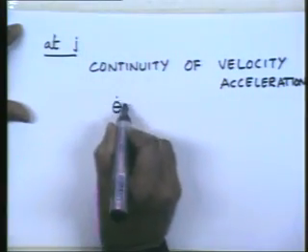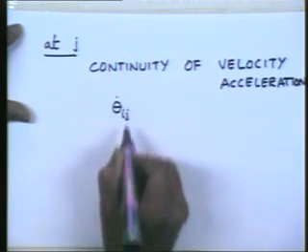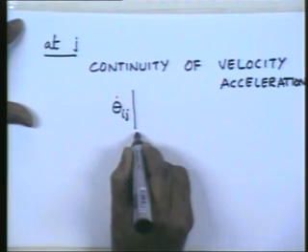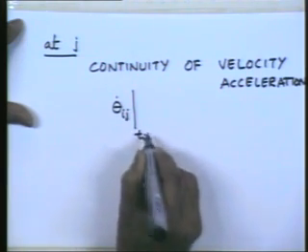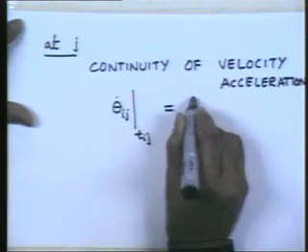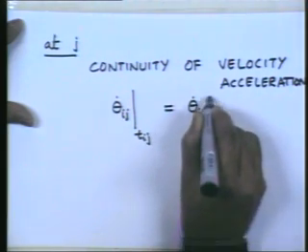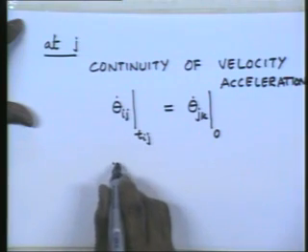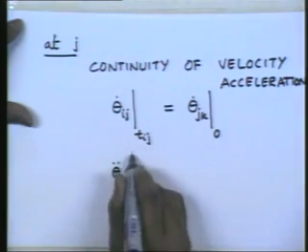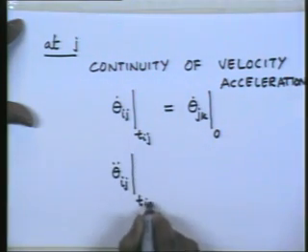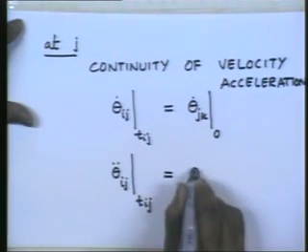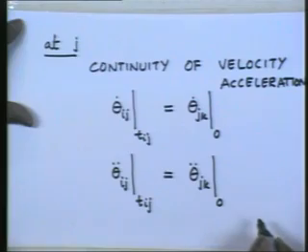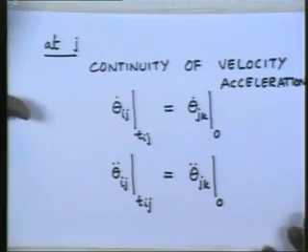Theta dot Ij, coming from the ijth segment at Tij, should be equal to theta dot Jk at 0. Similarly, theta double dot Ij segment at time Tij should be equal to theta double dot Jk when evaluated at tau equal to 0. These are the 2 conditions that we want.